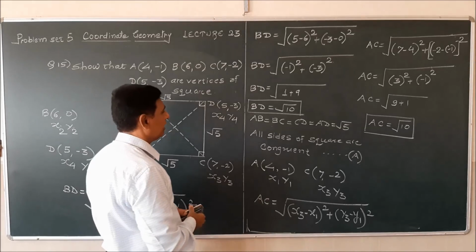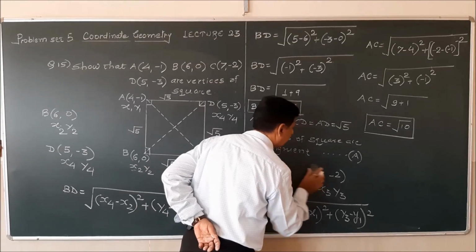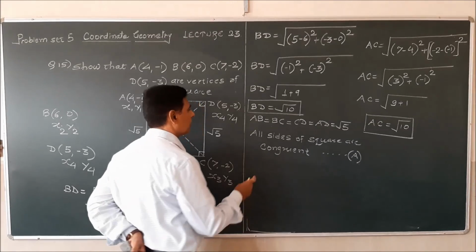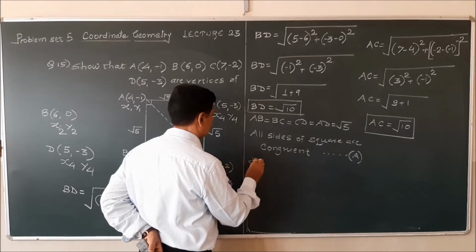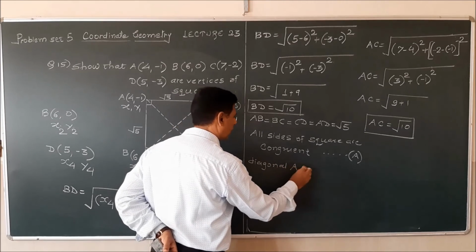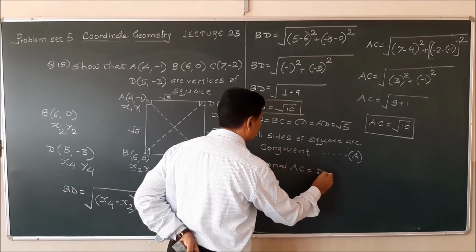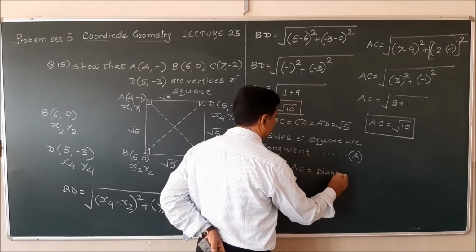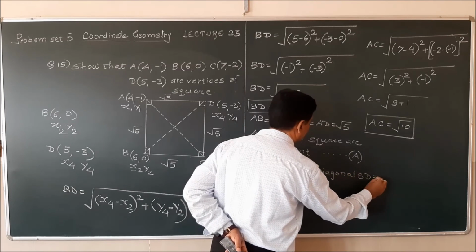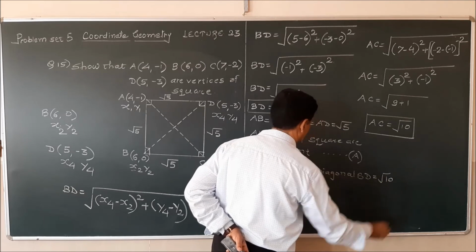So now I write here: diagonal AC is equal to diagonal BD, and that is equal to root 10.